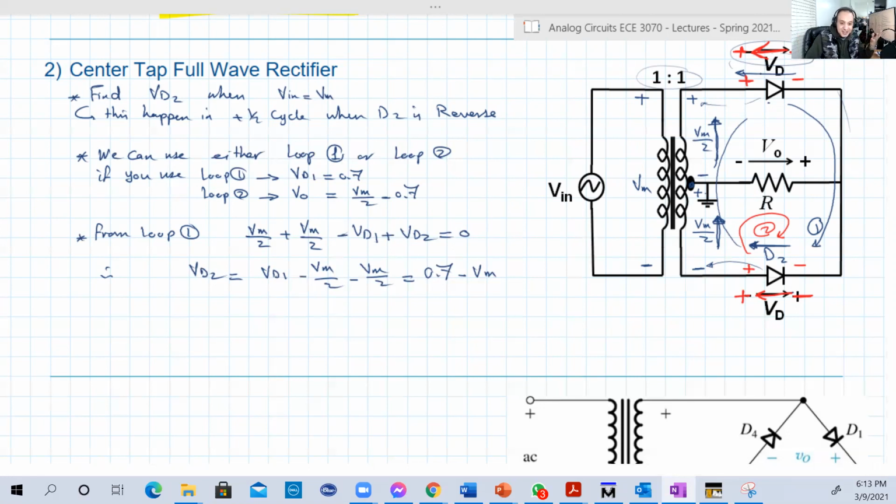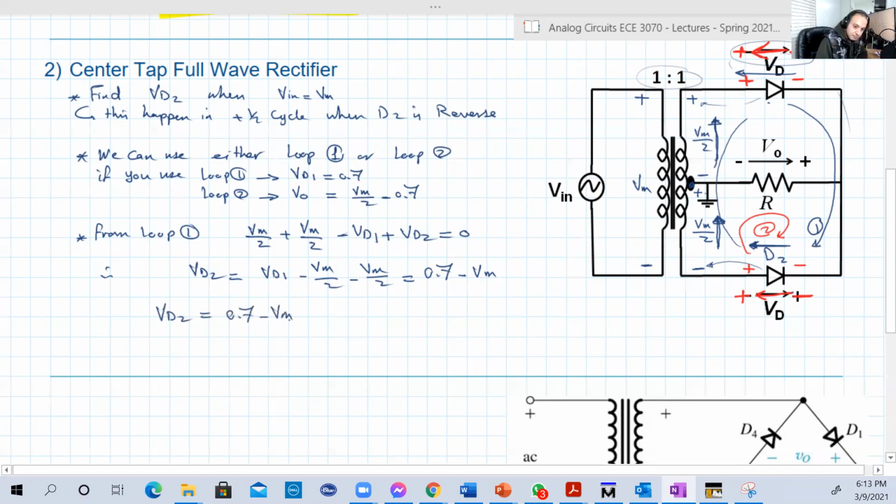Okay, so it must have a negative voltage. Okay, so VD2 is equal to 0.7 minus Vmax. Of course, Vmax is much larger than 0.7. It will be, for example, if we use 110 volts RMS, which is the standard outlet, around minus 155. Okay. So this is basically the peak inverse voltage for the center tape.